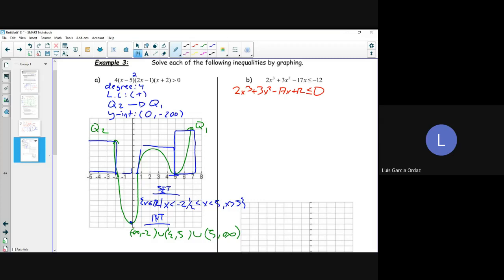So then we're going to have to use the factor theorem. Factors of p are plus or minus 1, 2, 3, 4, 6, and 12.